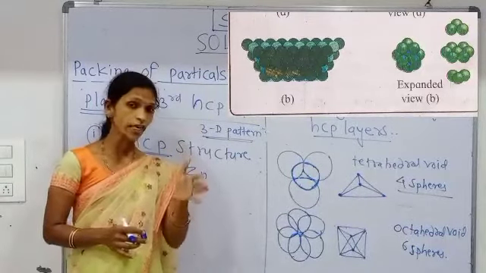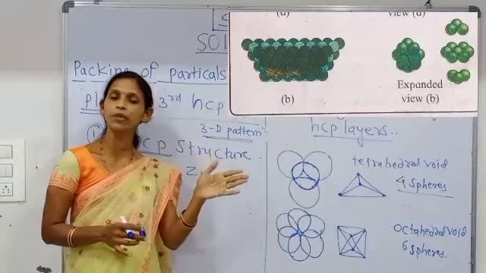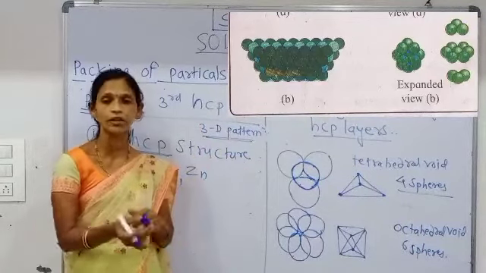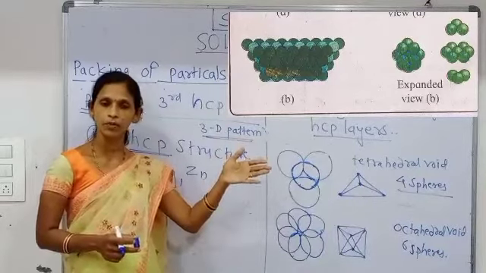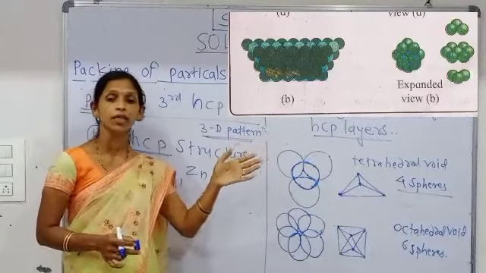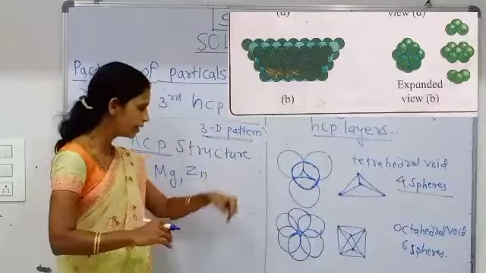And the arrangement of the third HCP layer takes place by the second way, that is placing the third HCP layer on the second layer to cover the octahedral voids.